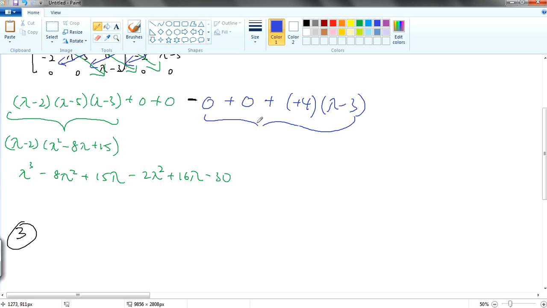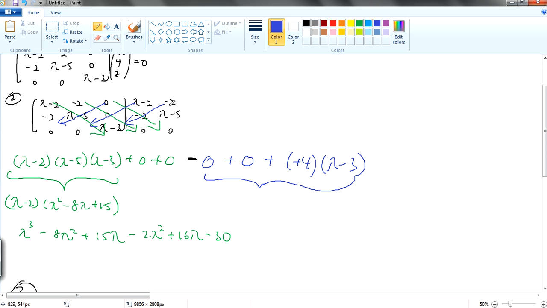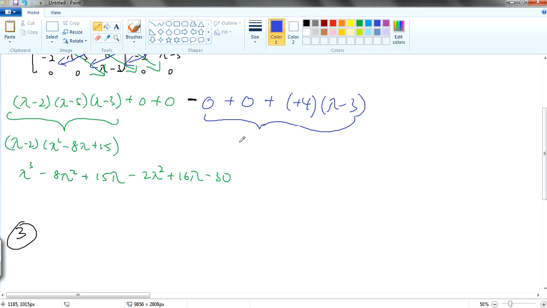Okay, so apparently plus 4, because minus 2 times minus 2 is positive 4, times lambda minus 3. So we will have 4 lambda minus 12. And then since it's negative, minus 4 lambda plus, hold on again, 12.